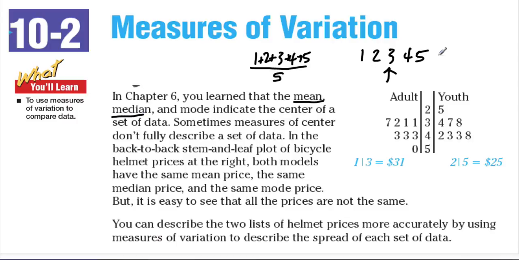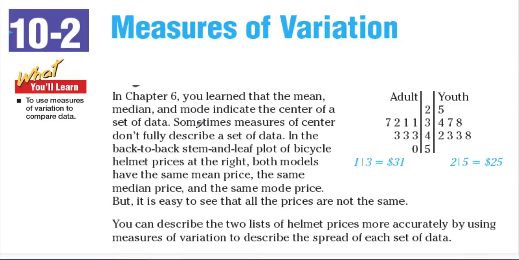And finally, the mode. Let's say you have now 1, 2, 2, 3, 4, and 5. The mode would be 2 because the mode is the one that appears most often in the set of data. And that's just a short review of measures of central tendency, or mean, median, and mode.